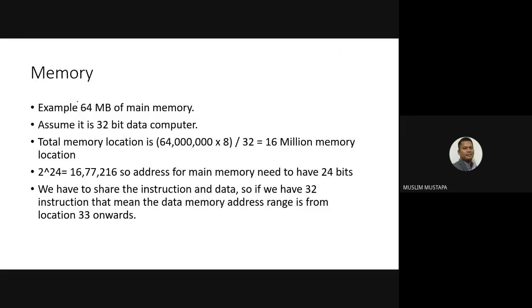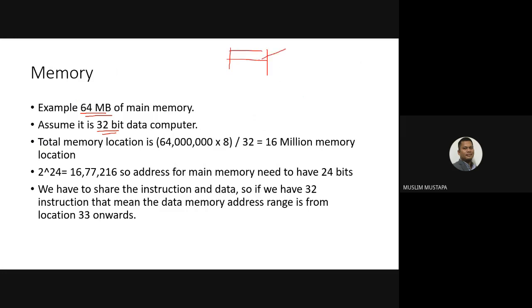Okay, so given, right, the question already gives you, for example, that our system needs to have 64 megabytes of main memory. And the question already mentions that we are designing a 32-bit data computer, right? So that means we're going to store the data inside memory locations.